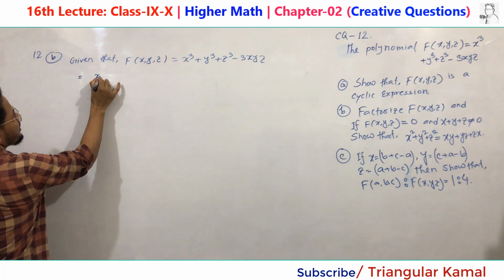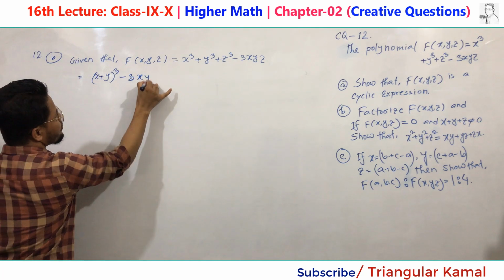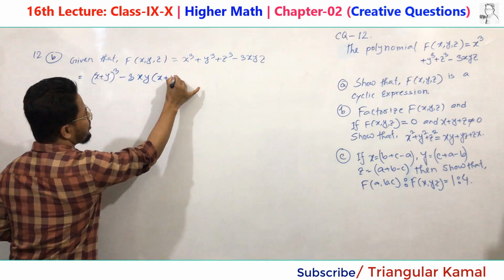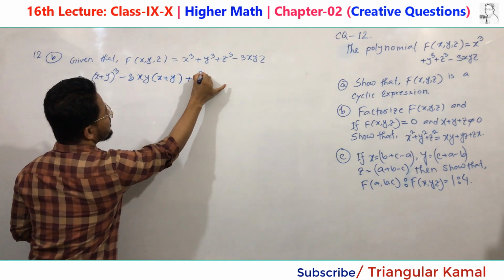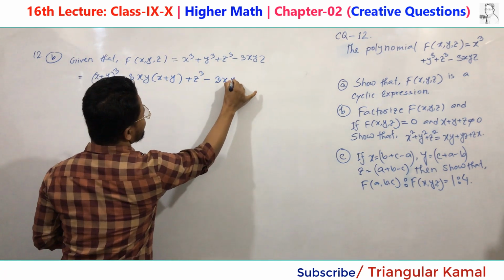So you can write x plus y whole cube minus 3xy into x plus y, and the remaining z cube and minus 3xyz.